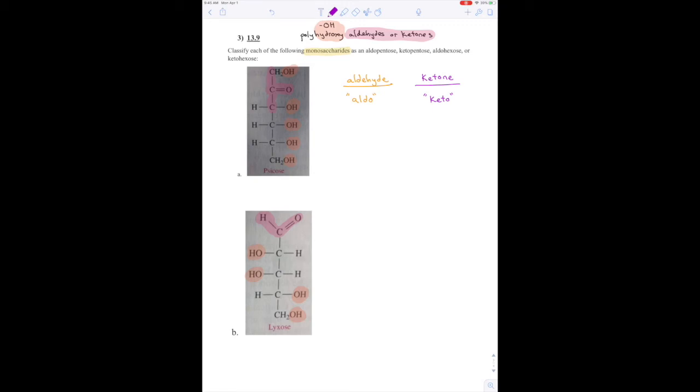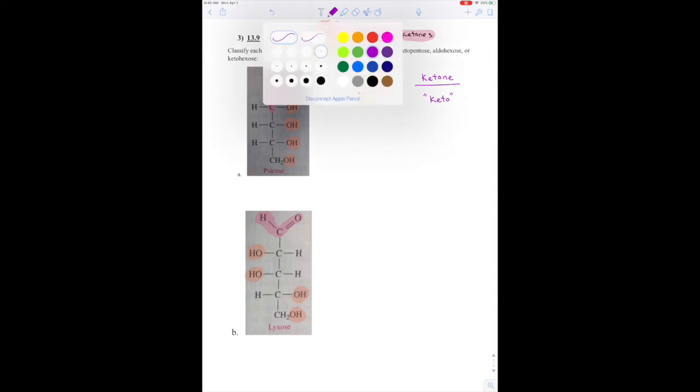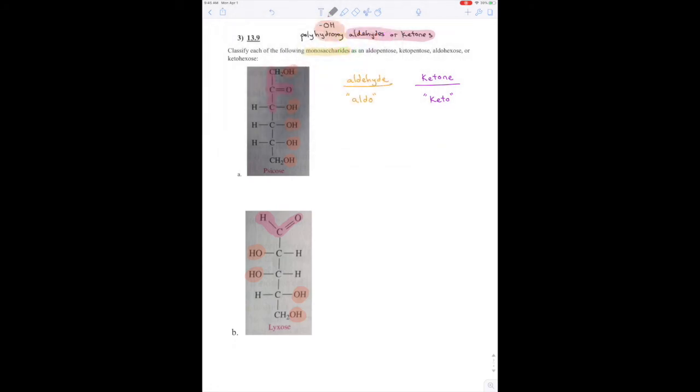So these monosaccharides are polyhydroxy aldehydes or ketones. That definition doesn't tell you how many carbons there are. It turns out monosaccharides could have lots of different numbers of carbons. Now the way that these are categorized by the number of carbons has a slightly different prefix system than the IUPAC system for small organic molecules.